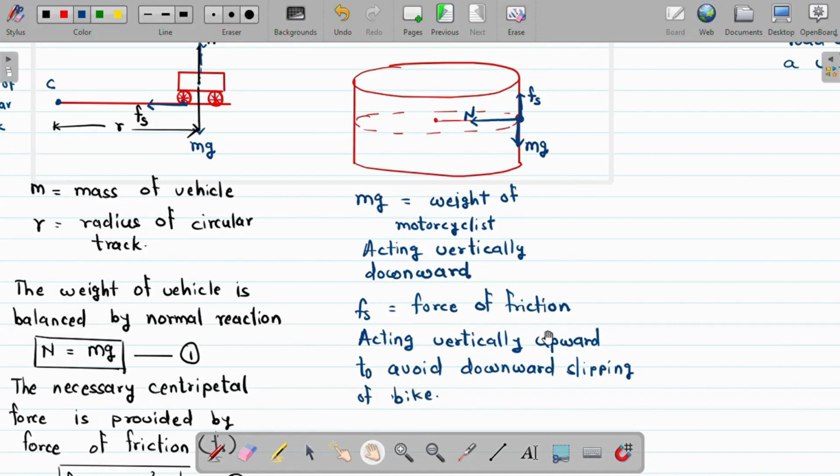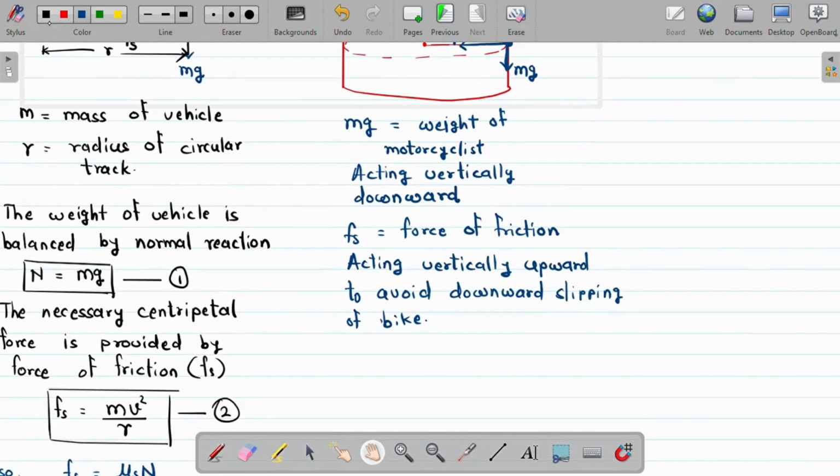Okay, so from the figure here we know that Fs is balancing mg. Let's call this equation 1.